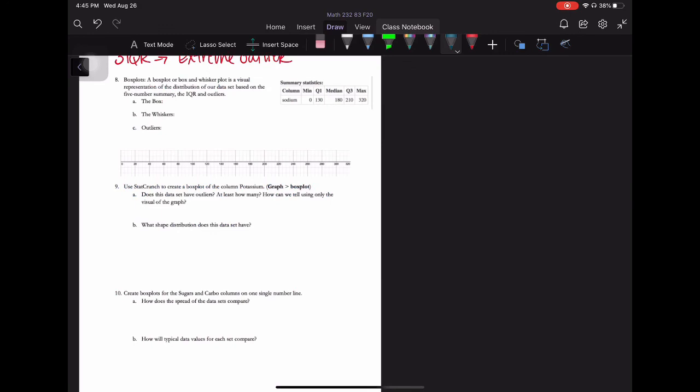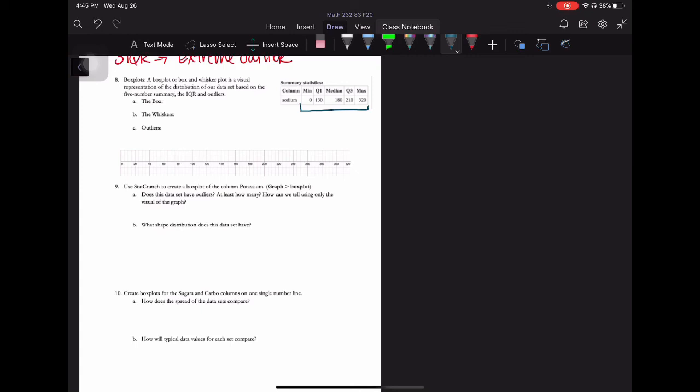Box plots are a visual representation of data that can summarize our distribution, and it uses the 5-number summary. It used to be called a box and whisker plot, but it's just abbreviated as a box plot. And you can create them in StatCrunch, so pretty easy to do. And they're actually pretty easy to calculate by hand. So we use these 5 data points, plot them on the graph, we make a box around the middle 50%, and then we create lines out to the minimum and the maximum.